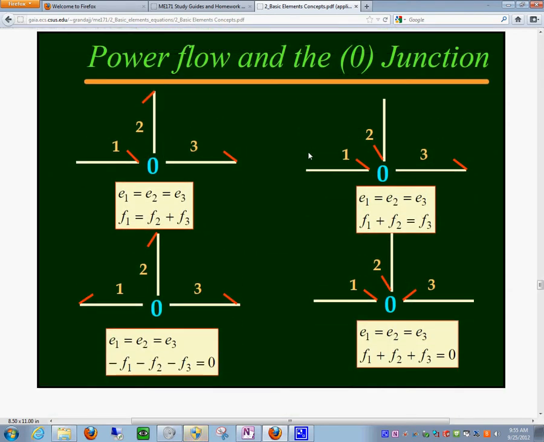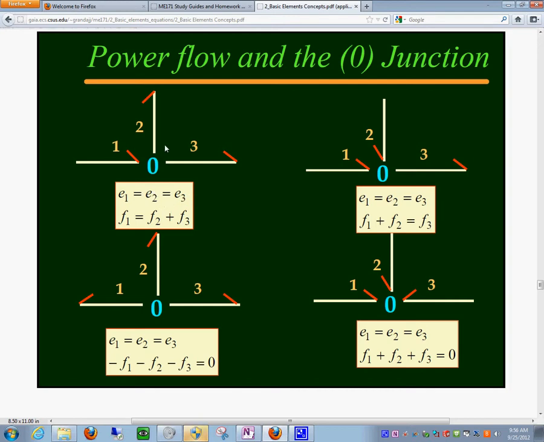Here, if you put the flow to be adding different ways, I put several examples in there so that you can see how this junction works. The efforts in all of these four are totally the same. See, E1, E2, E3, E1, E2, E3, E1, E2, E3, all the same. The difference is that these half arrows that we have put in here control how the flows sum.